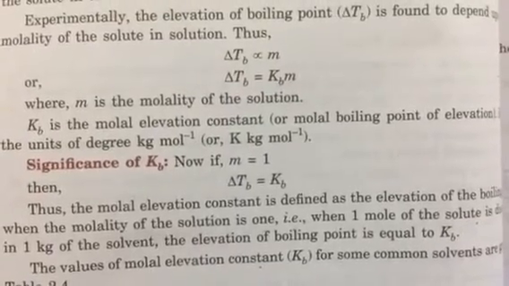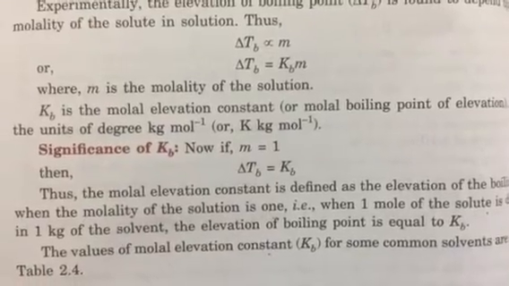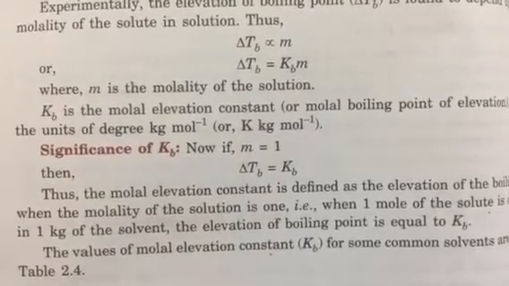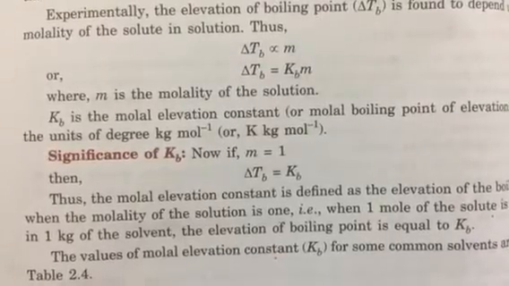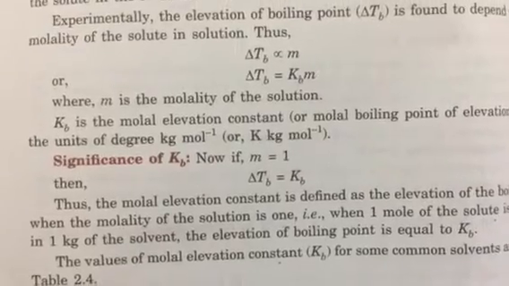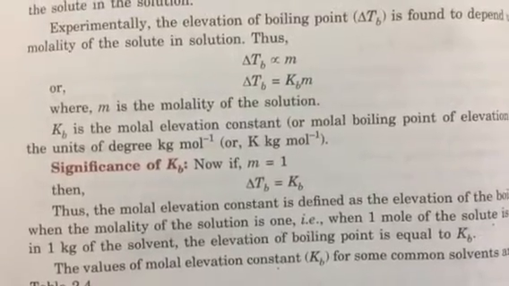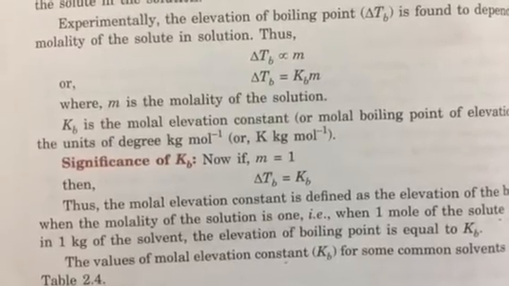So once again, I would like to tell you that elevation in boiling point is a colligative property. Colligative property is a property which depends upon the number of solute particles. So the more the solute particles, the more would be the elevation in boiling point.